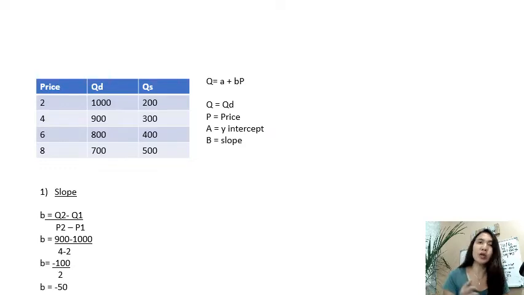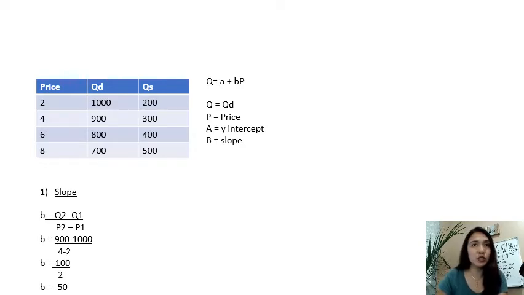Price changes quantity supplied. So if there is a new price, the QD will also change. There will be a new QD. In this case, I have used 900 and 1000 as our new and old quantity, and then 4 and 2. So 4 there is your new price, 2 is your old price.